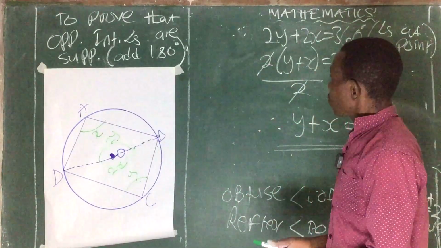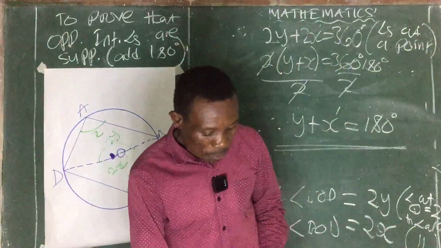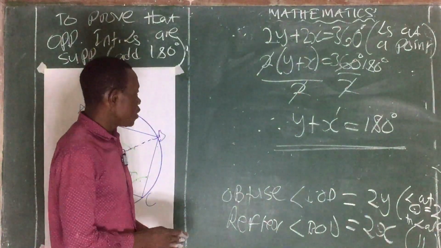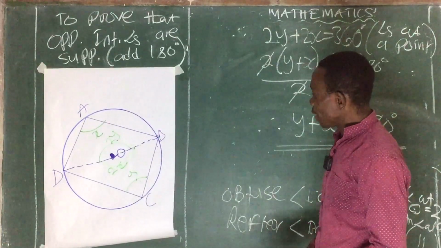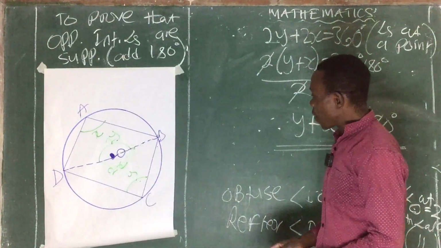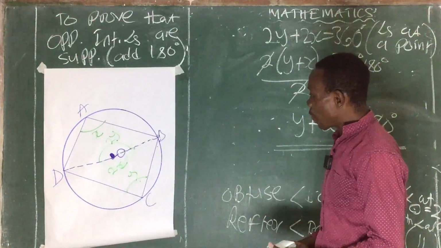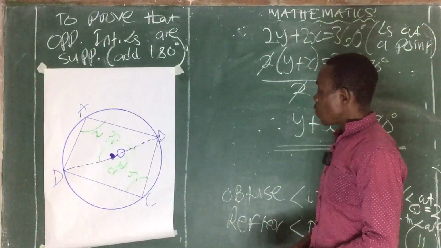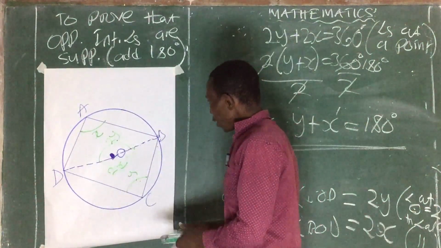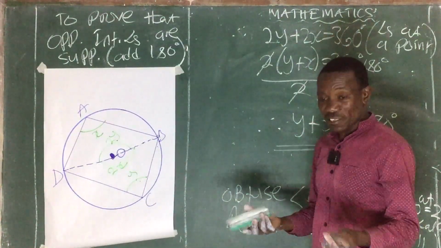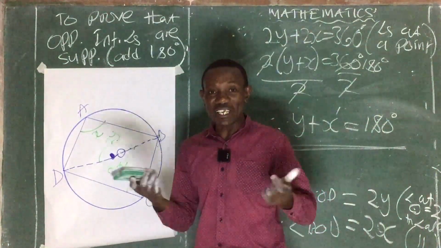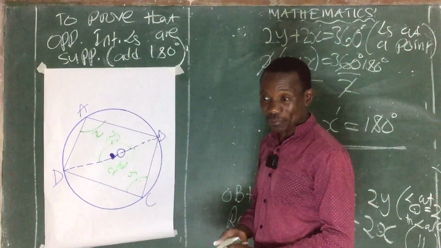Now, let us go to the second property, where we need to see what happens if I extend a line to somewhere else. What do I get if I extend any side of the cyclic quadrilateral? I'll obtain an exterior angle. How is that related to the opposite interior angle?